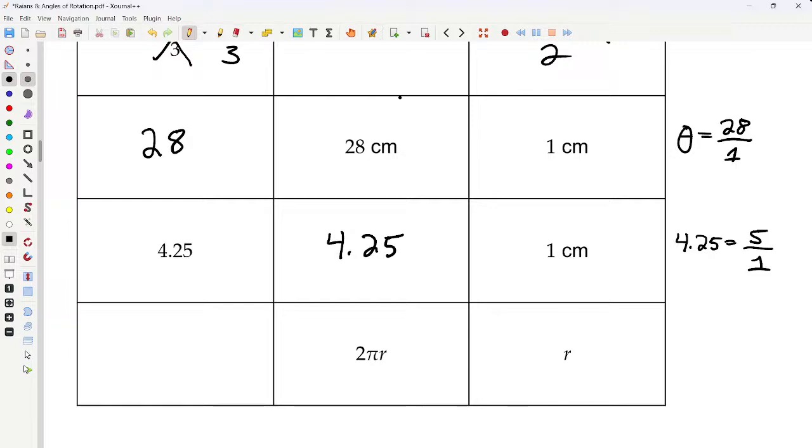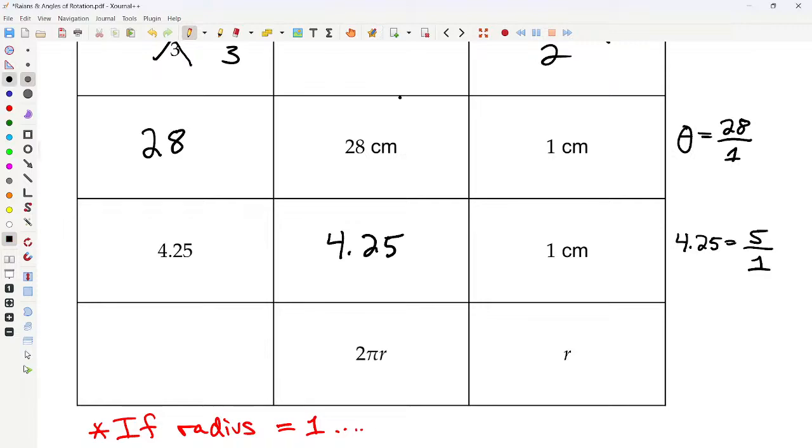Wow, if the radius is 1, then the arc length is equal to the central angle, radian, not degree.